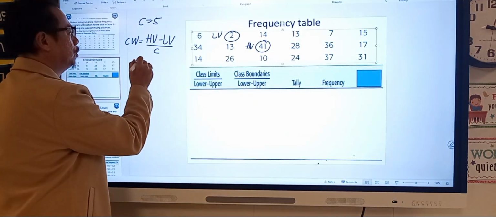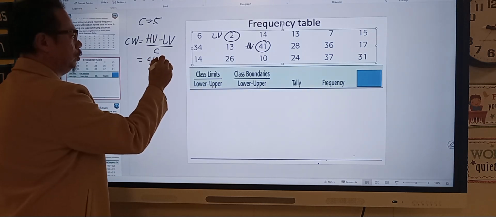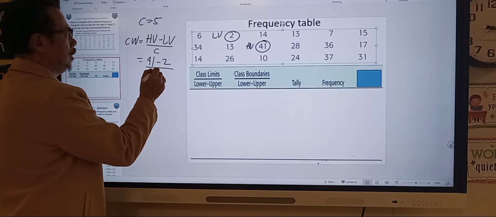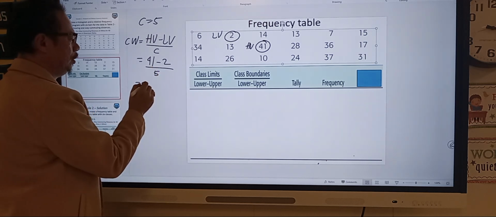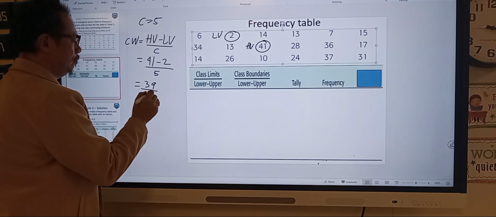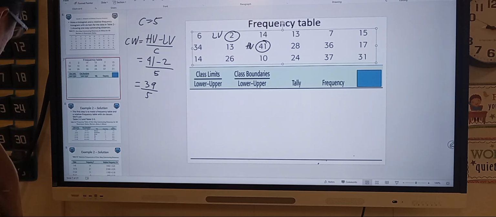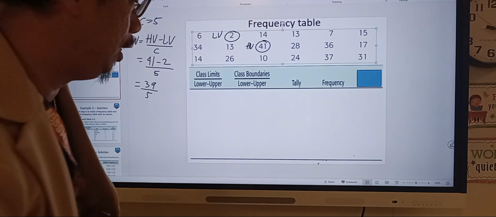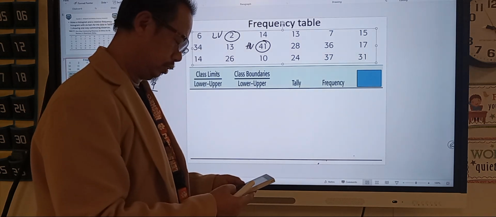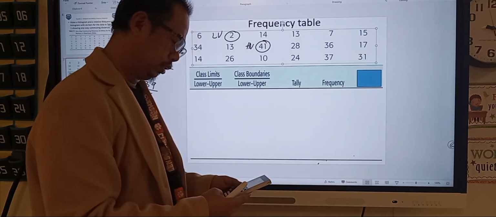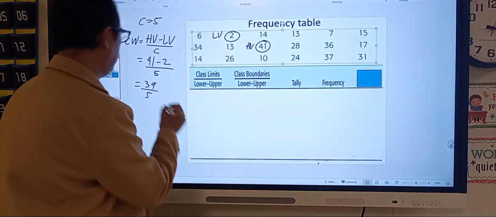The highest value is 41, subtract 2, and the C is 5. So we'll be having 39 over 5. Once you calculate it, 39 divided by 5, we're going to have 7.8.